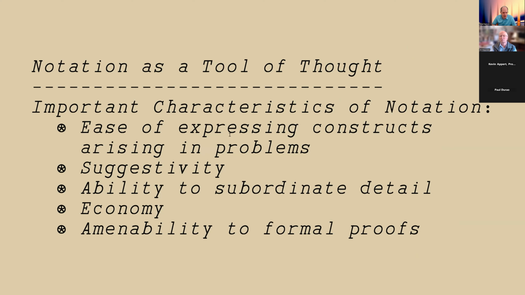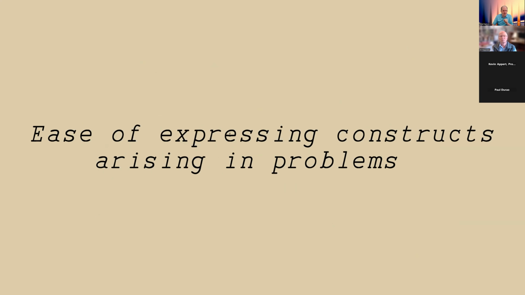And so he calls out in his paper on this topic five ideas: that it should be easy to express interesting problems in the domain, that you should have suggestivity, which is a very interesting idea. It's something that you don't see in a lot of programming languages, that similar to algebra, how you've represented it suggests other ideas, and then the ability to hide detail. You want economy to it. And then you want to be able to do formal proofs. So let's talk about each of these in a little more detail.